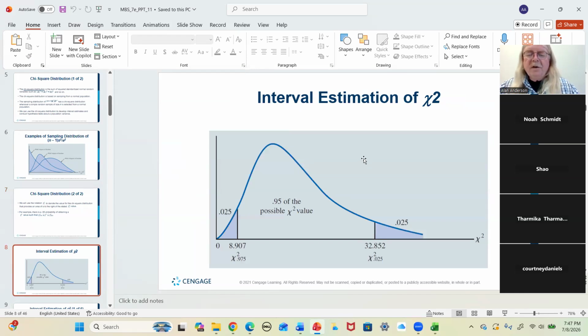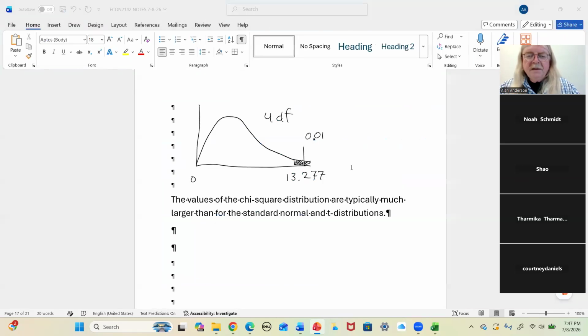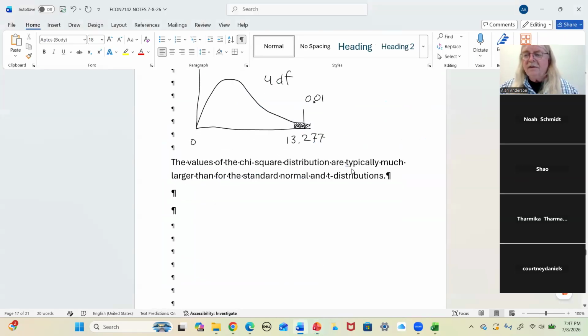Here we go. So this is actually good practice. This is where we're splitting up the area into 2 tails. So let's say that they've decided to construct a confidence interval. We'll see how that's done later. Alpha is 0.05. Alpha over 2 is clearly 0.025.